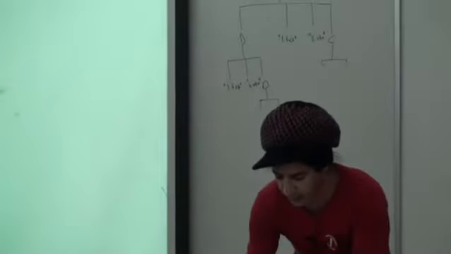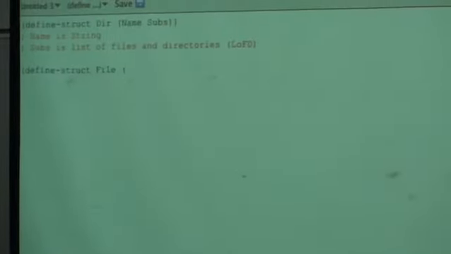Other than that, we might have summary information like size of the file, creation date, permissions, and so on. But let's keep the file name and the size, and besides, we need to hold a data structure where we keep the content of the file. So let's define our file structure: we have a file, it has a name.